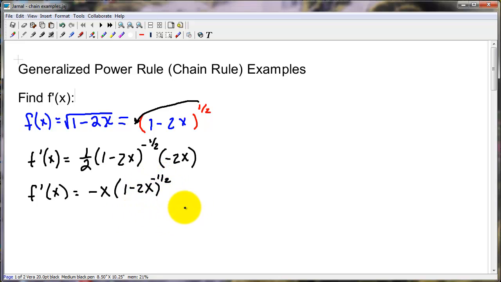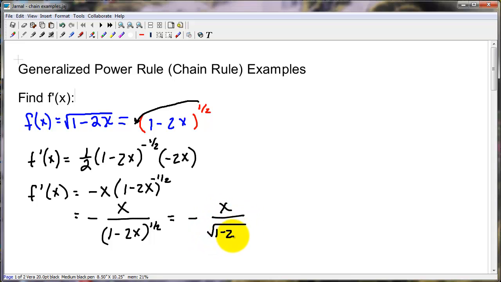And I want to get rid of my negative exponent, so I'm going to move that to the denominator. So on the top we've got x, and on the bottom we've got 1 minus 2x to the 1/2 power. And we might put it back into radical notation since our original problem had radical notation, and our problem is complete. So this expression is the derivative of the f of x that we started with.